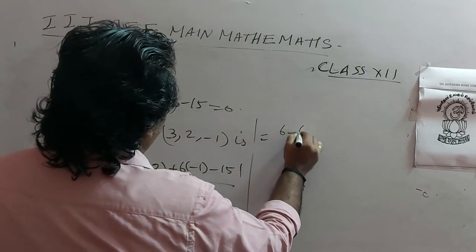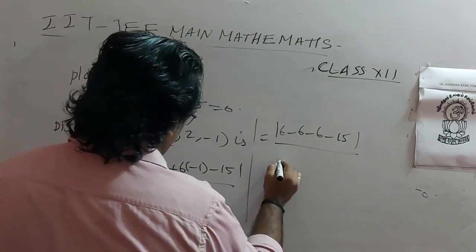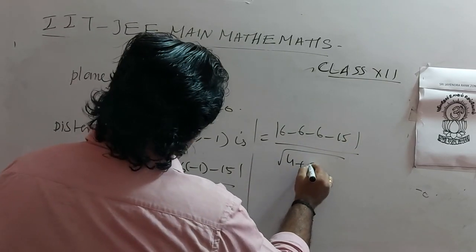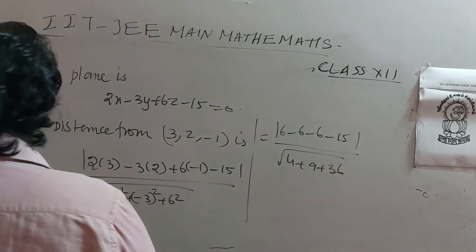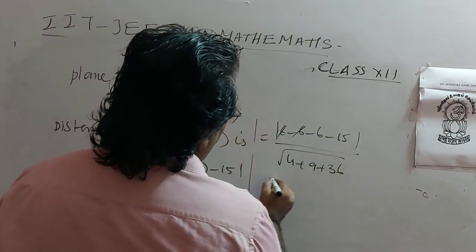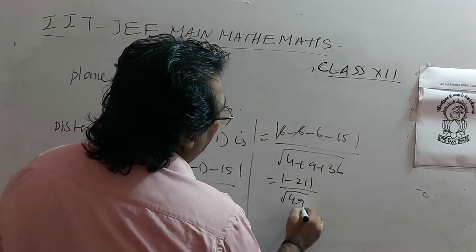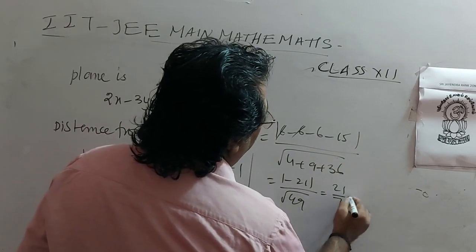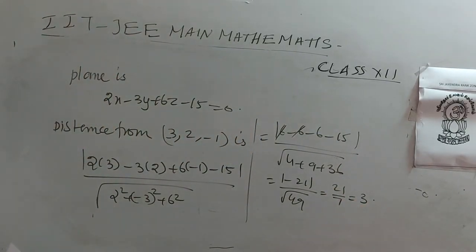Equal to 6 minus 6 minus 6 minus 15, so 21 by 7, that is 3.